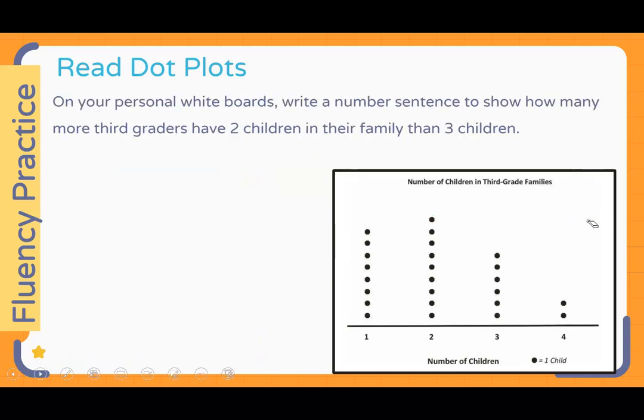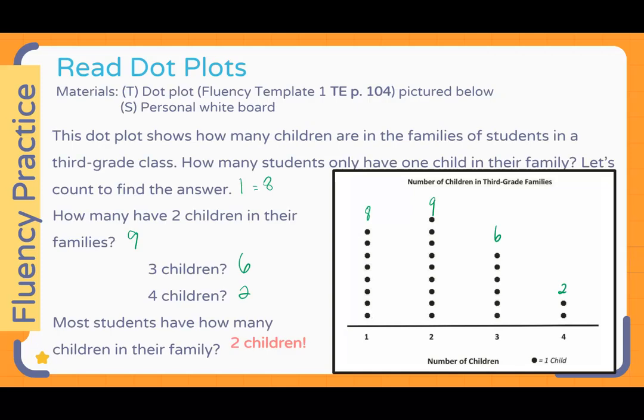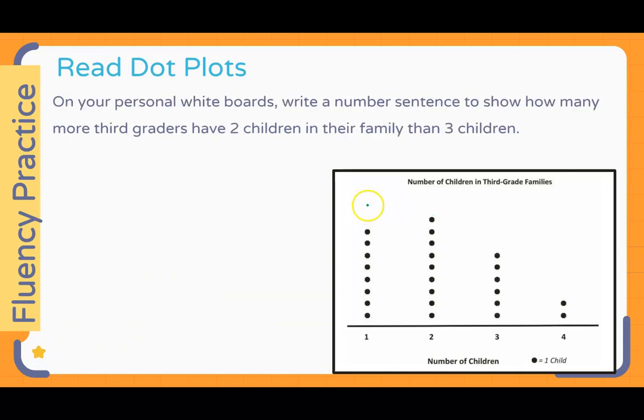Okay, let's move on. So we're going to write a number sentence to show how many more third graders have 2 children in their family than 3. So if we go back, we have 8, 9, 6, and 2.